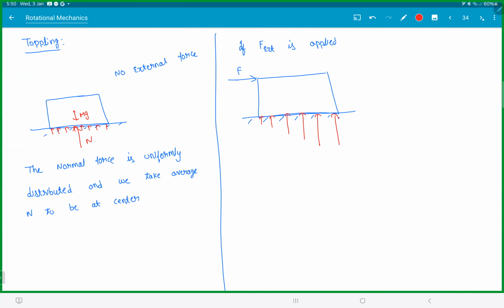Till now, we never bothered because dimensions were never given, right? We never talked about toppling and all. So if we have to draw an FBD for this, remember this thing. Next time, whenever you draw an FBD, this is how the FBD would look. External force, your weight mg, N won't be in the center, N will be to the side.